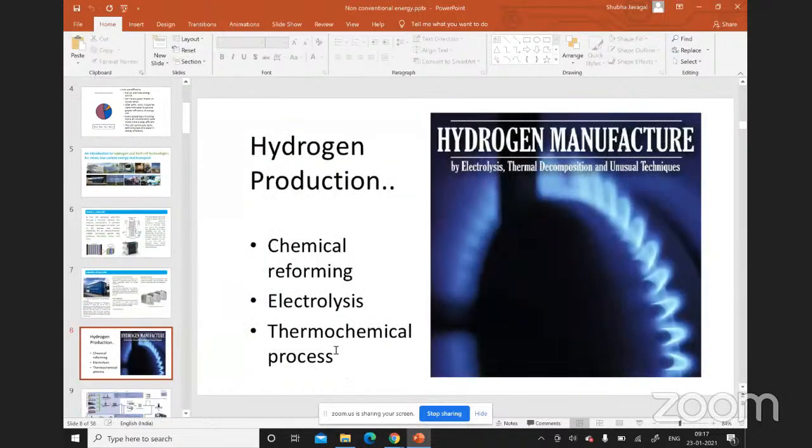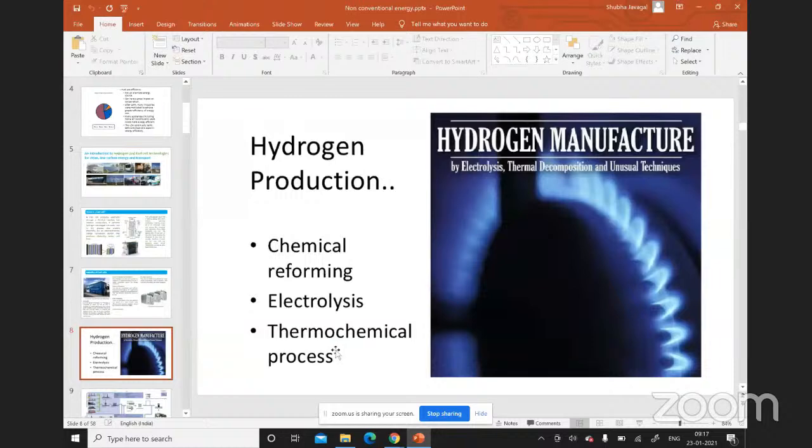There are different ways in which this hydrogen energy can be manufactured, right? One is the chemical reforming process, another one is the electrolysis process, and the third one is the thermochemical process, right? I'm rushing through here because most of you have to attend your poetry competition, right?